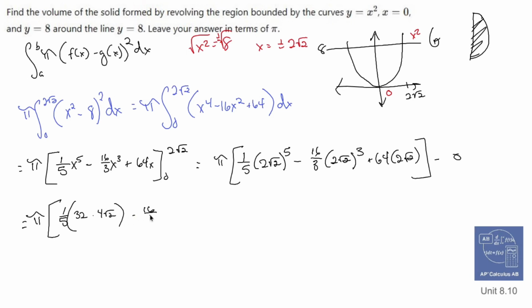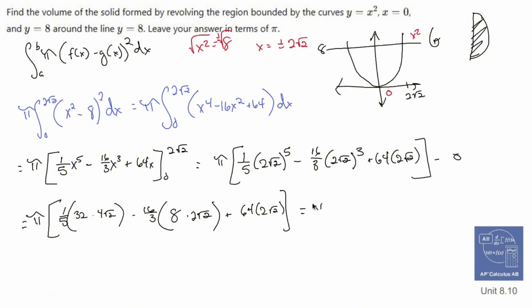Minus 16/3, a similar process. 2 times 2 times 2 is 8, right? Root 2 times root 2 times root 2 is 2 root 2. Plus 64 times 2 root 2. Fortunately, I don't have to lose sleep over that one.